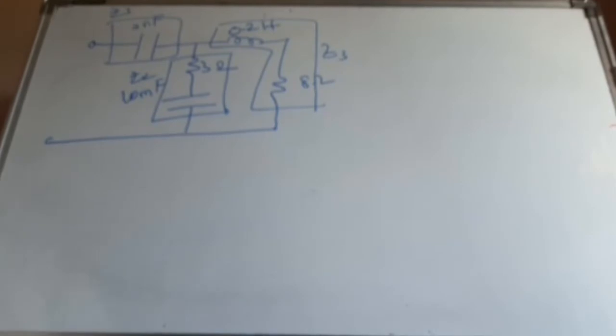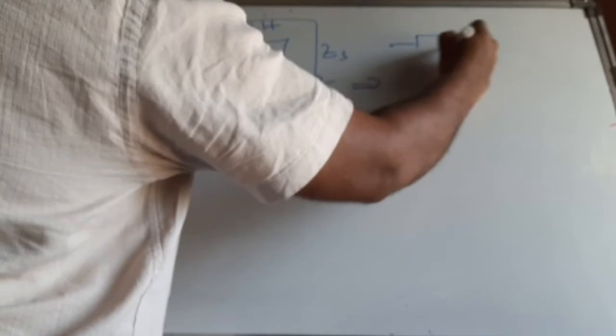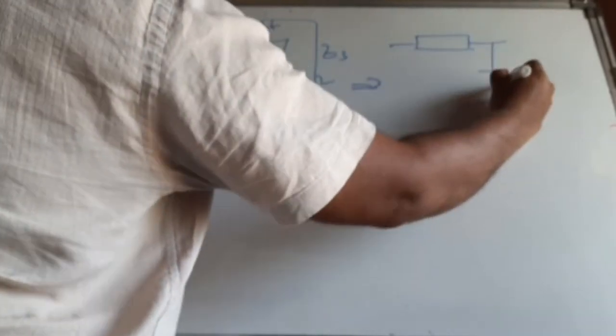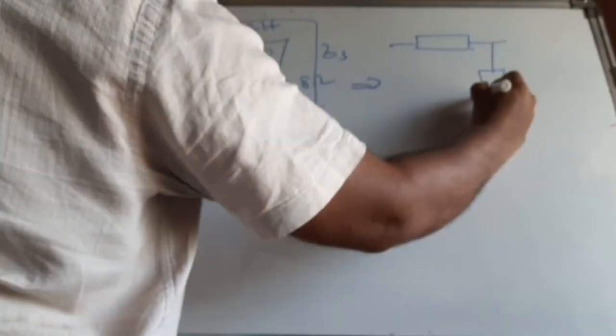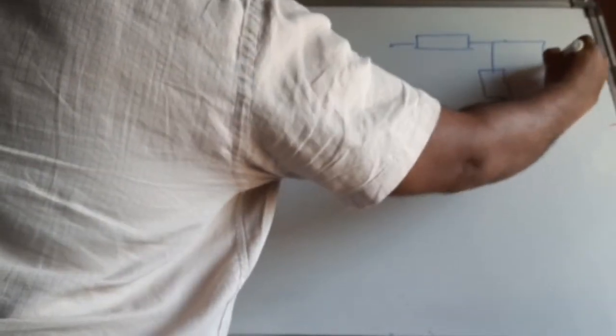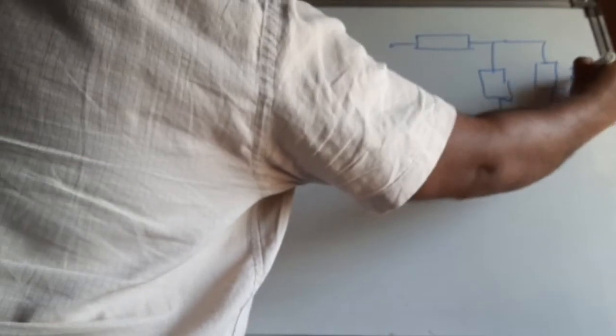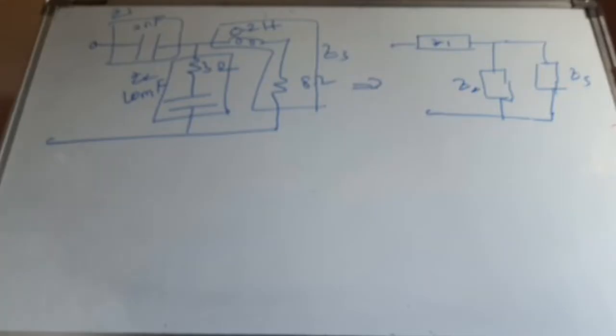The same circuit is now modified like this. Here I have Z1, Z2 and Z3.